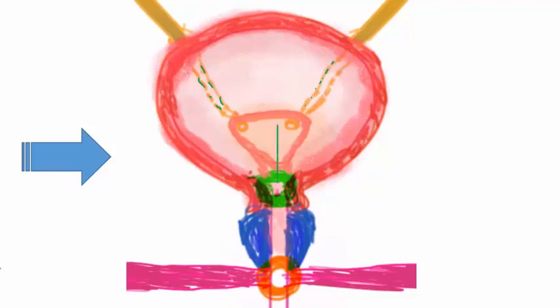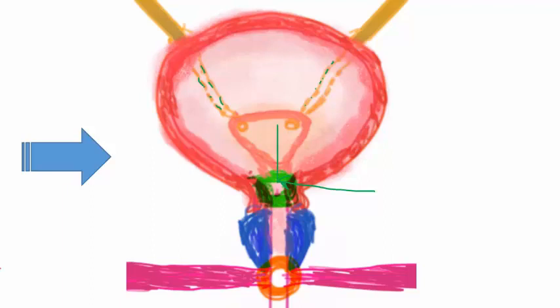This is the orifice of the urethra, and the opening of the ureter is 1 to 2 centimeters above it.